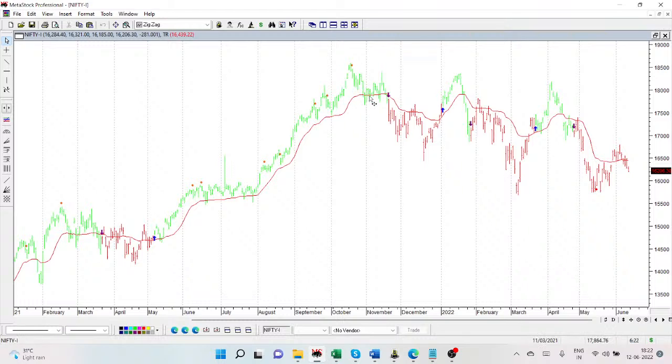Then there is an exit in terms of a few logics. One is that if you are very conservative, or you are doing multiple lots, these dots are alerts where, if you want, you can take profit. Second would be when this particular stop loss line gets triggered on the closing basis.